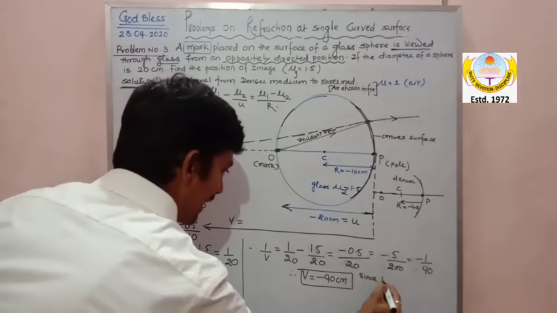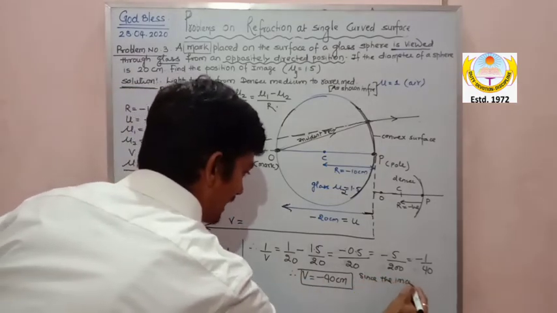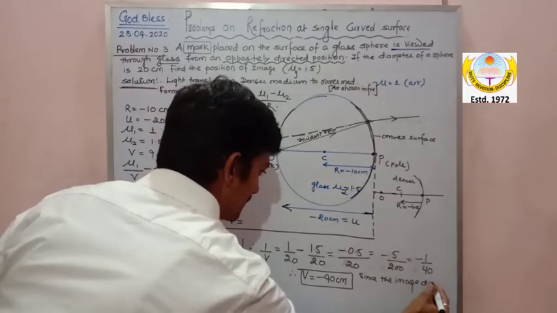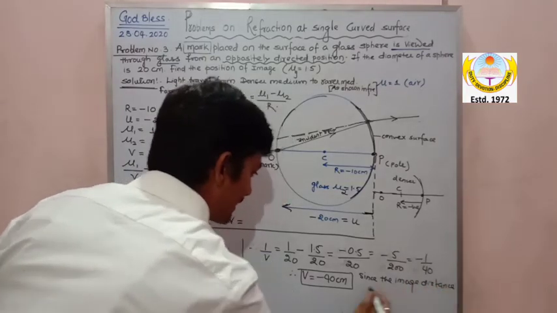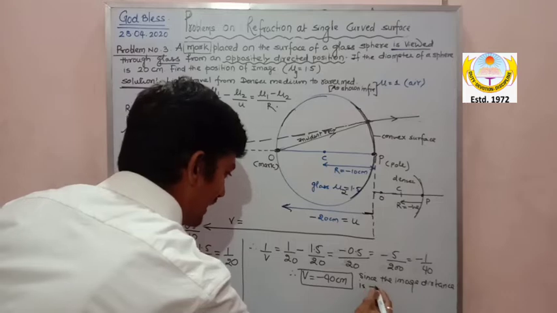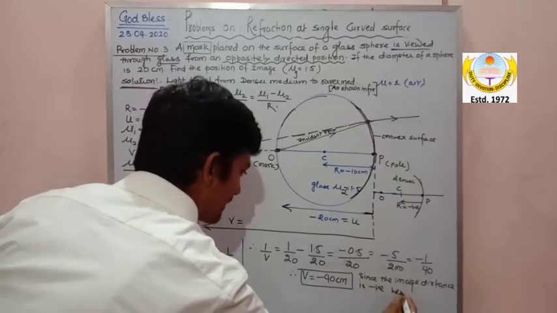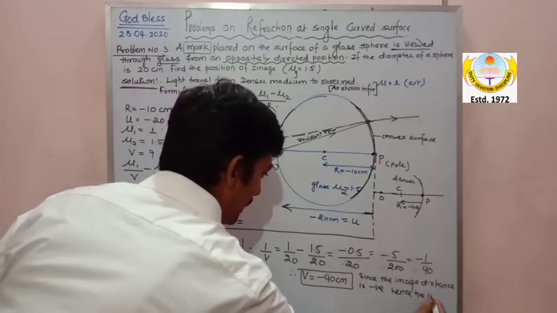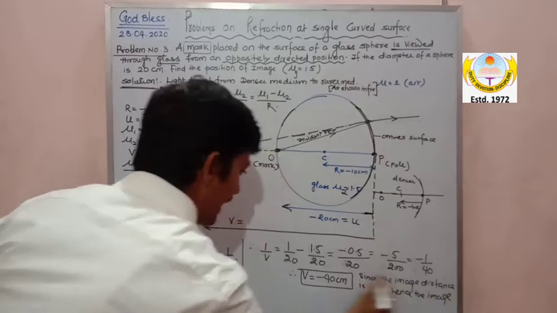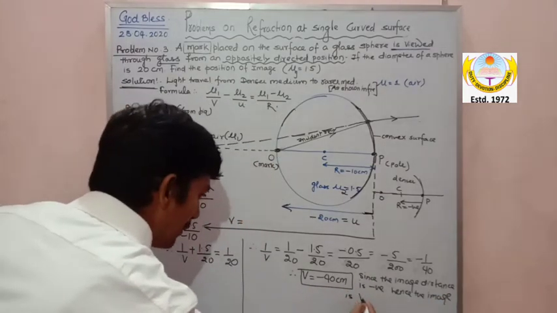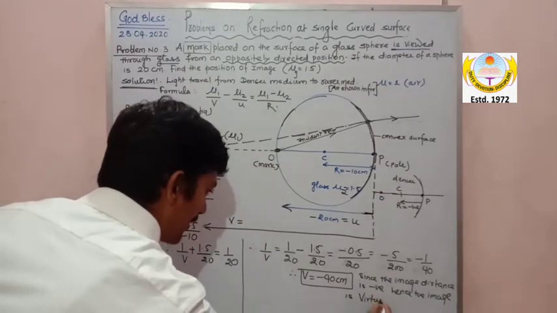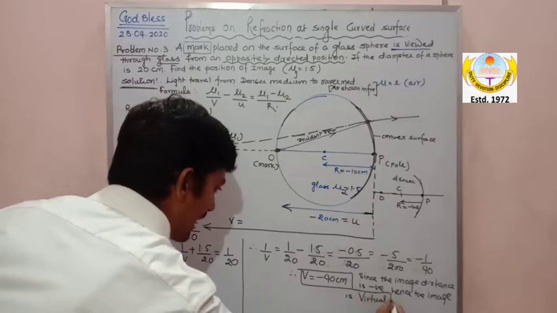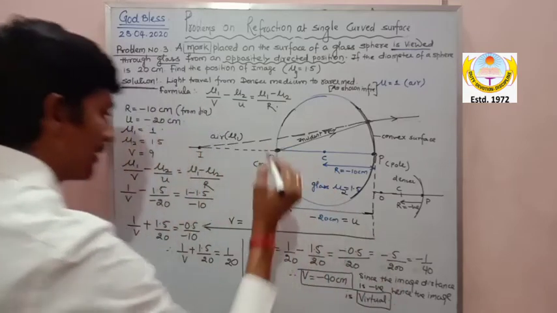Since the image distance is negative, hence the image is, come on children, I have told you all, if it is positive it is real, if it is negative it is virtual.